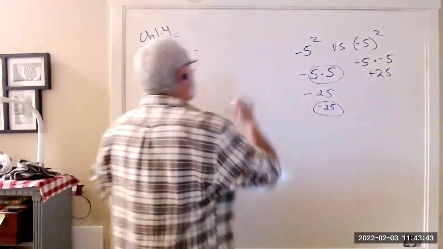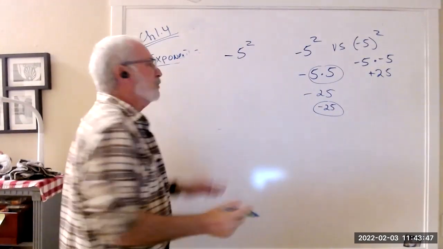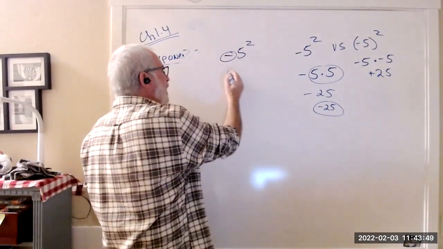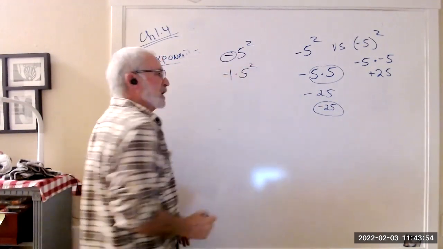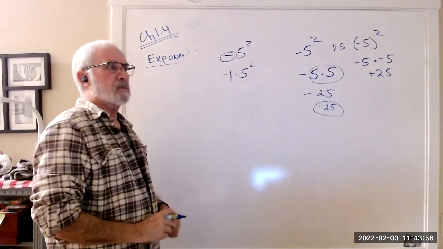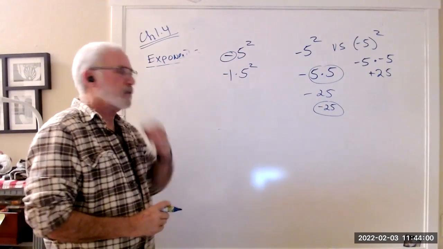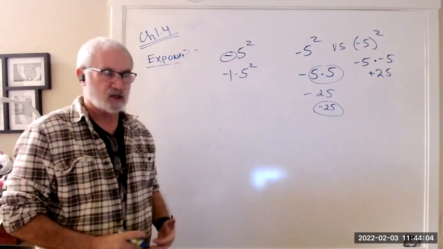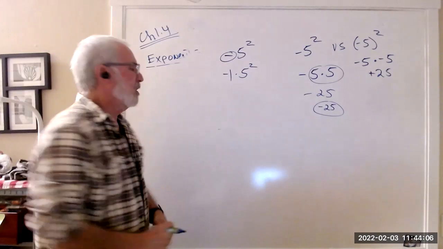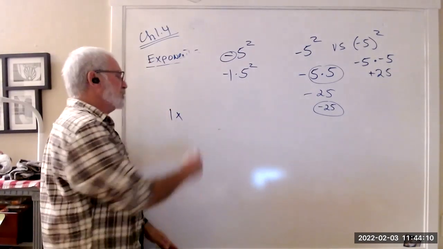We can come back to PEMDAS. Let's say I wrote that. This is actually, the negative sign means -1 times 5 to the second power. See, math is big on shortcuts. Mathematicians are inherently lazy. Okay, we don't want to write 1x. Oh no, we're too sophisticated for that.